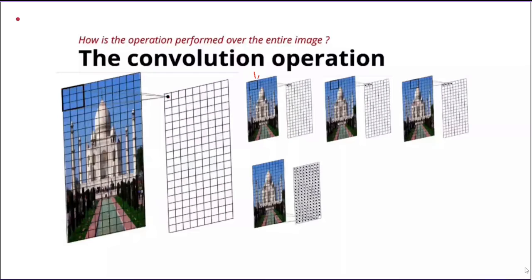Then the kernel moves towards the right by one slide, and again it takes the second pixel of the convolved image. It happens from top to bottom, so finally you will get a convolved or activation map like this.